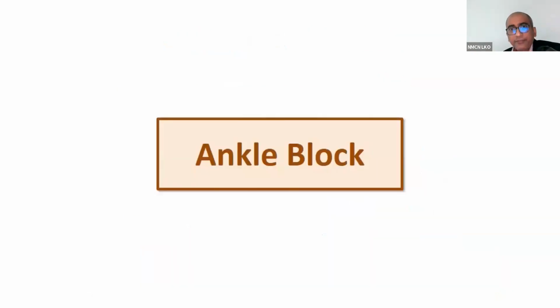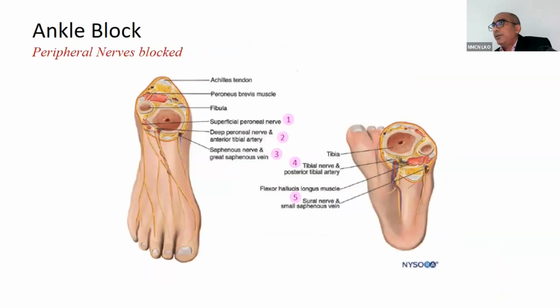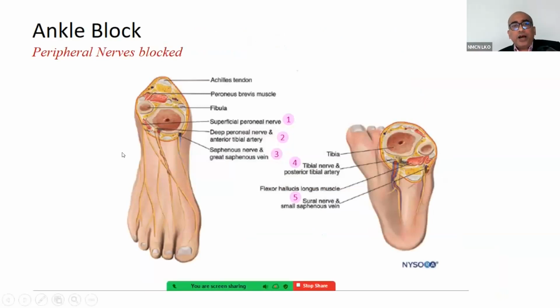So once again, regarding the nerves which we are going to block, 3 nerves are over the dorsal aspect of the foot. These are the superficial and deep peroneal nerve and the saphenous nerve. And 2 nerves are in close relation to the Achilles tendon, that is the posterior tibial nerve and the sural.